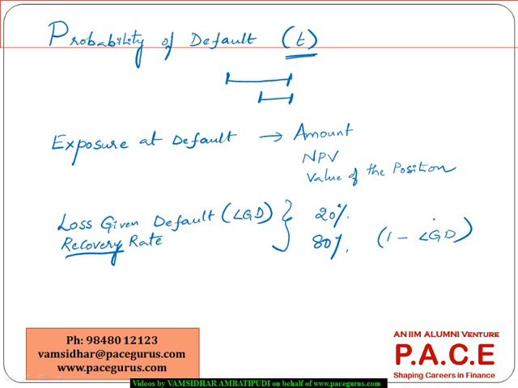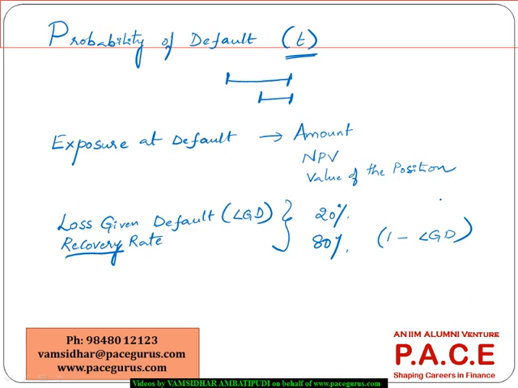Right? So whenever we are talking about the recovery, probably in case of a secured loan, the recovery could be much higher, whereas in case of unsecured loans, the recovery rates could be much lesser. If the recovery rate is lesser, the loss given default will increase and vice versa.